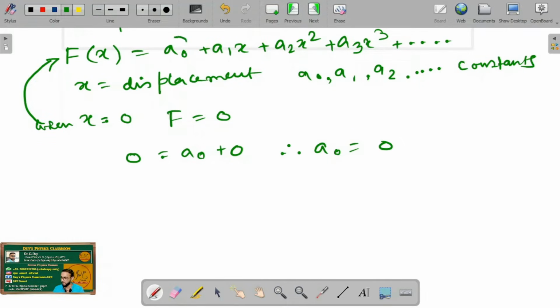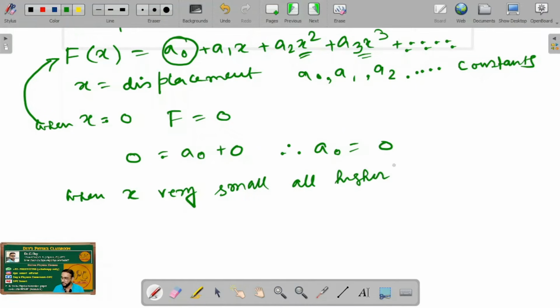So here we will put a0 as 0. Again, when displacement is very small, we can neglect the higher terms of this displacement, that is x square, x cube and so on. So all higher terms become negligible.